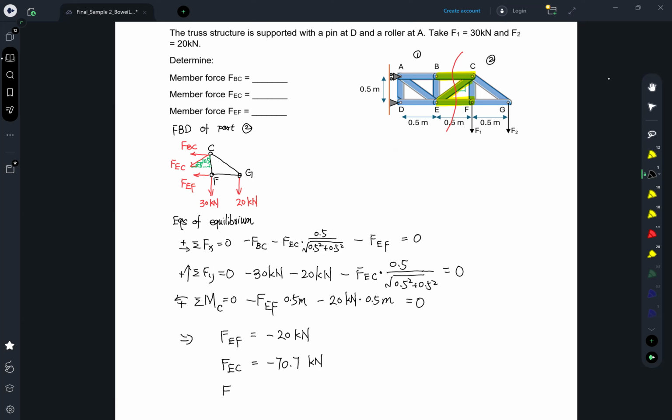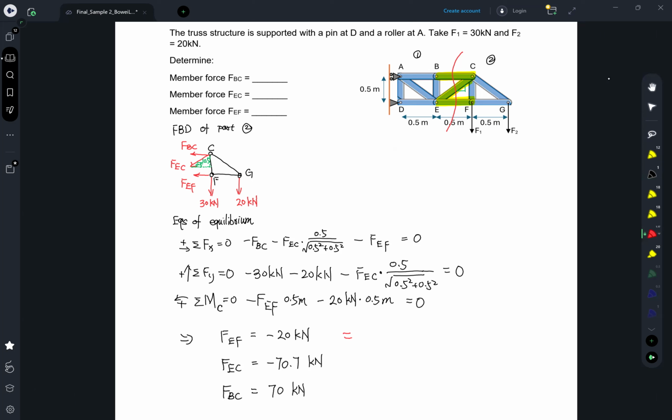We have FBC equals FEC divided by square root of 2, plus FEF, which is 20. It is actually a positive number, 70 kilonewton, and a positive number means tension, right?